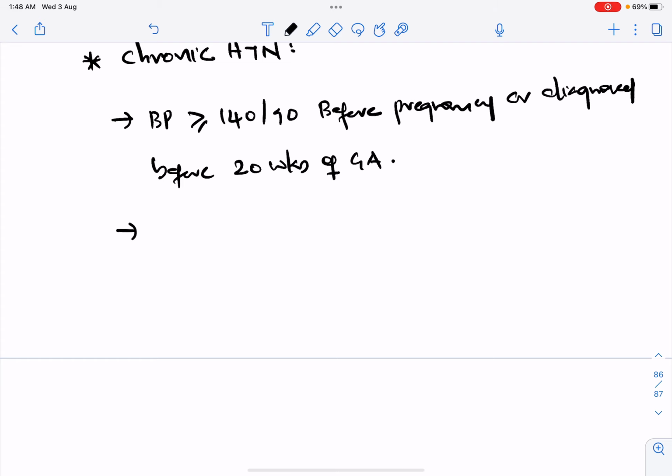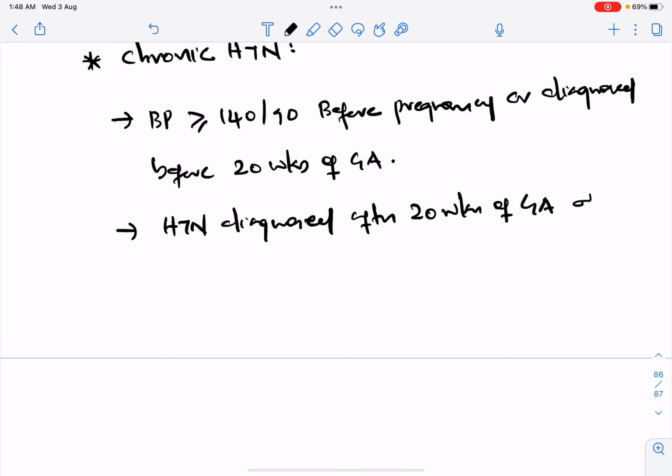It is also present when hypertension is diagnosed after 20 weeks of gestational age and persists beyond 12 weeks postpartum.